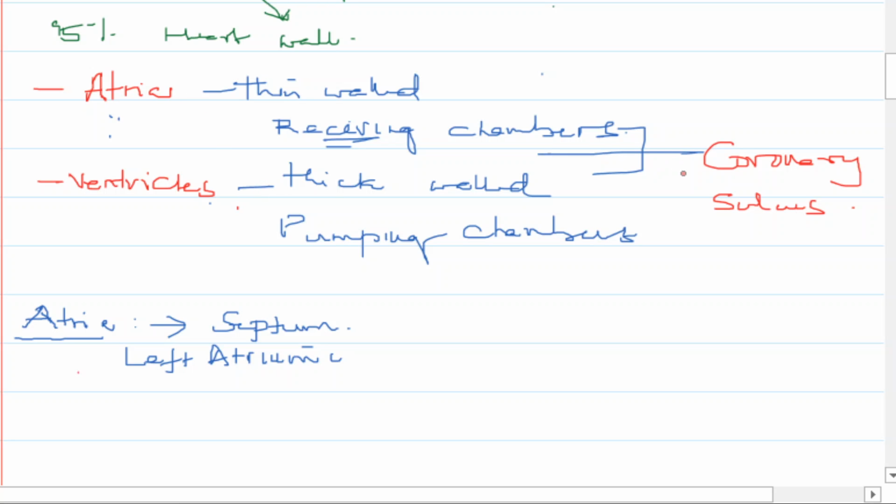The groove that runs transverse between the two atria and the two ventricles is called the coronary sulcus.